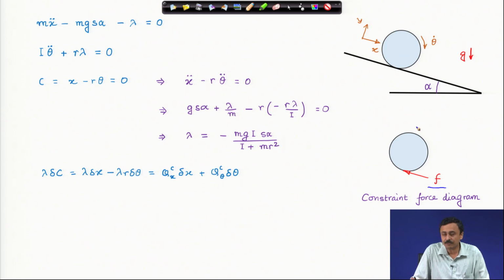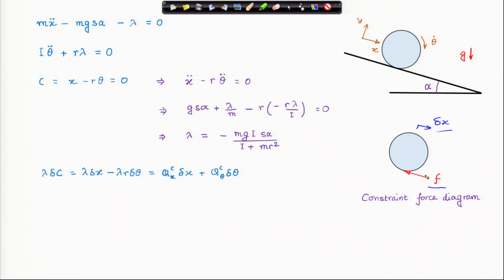I have two coordinates and I take variations. If I give a small variational displacement, delta x, in my x coordinate direction, what will be the work done? Notice we have to take the dot product of the constraint force vector and the variational displacement vector. Look at these two directions, they are in opposition.